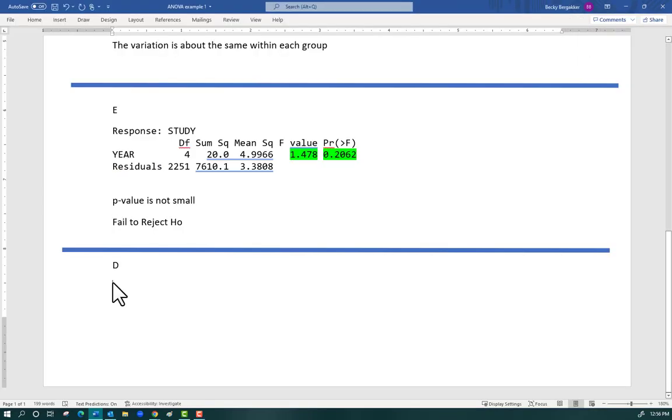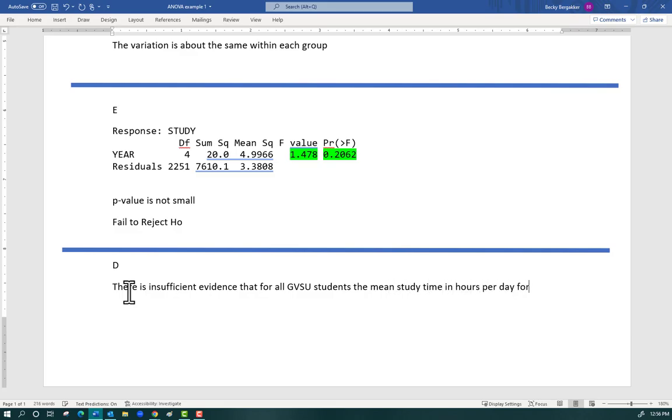And then, when you fail to reject, you say there is insufficient evidence that for all GVSU students the mean study time in hours per day for at least 1 year, so freshman, sophomore, junior, senior, and graduate, is not equal to the others.